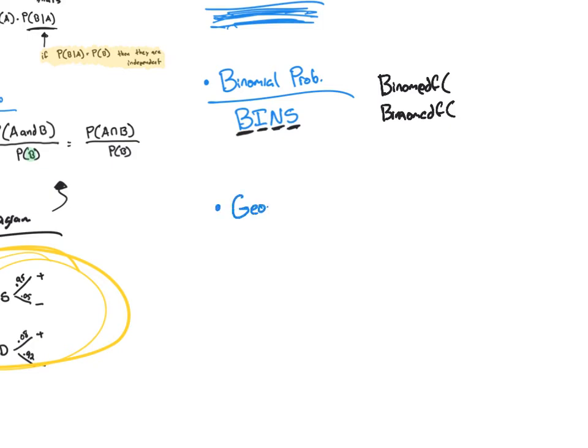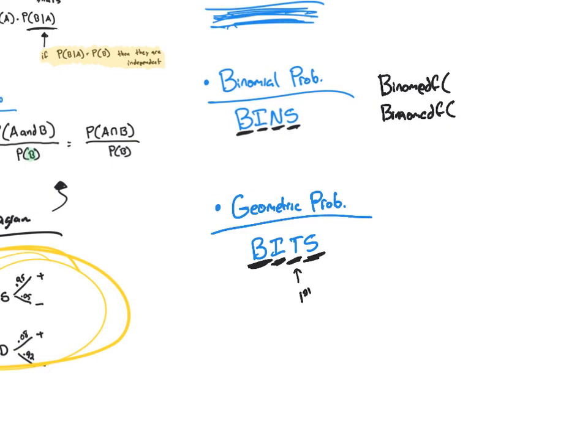And then we had geometric probabilities. How are we going to identify if it's geometric? BITS. Binary, success or failure, independent trials. Success is the same on every trial, but the number of trials until success is what we're looking for. So the number of trials until the first success.